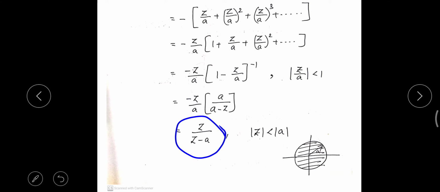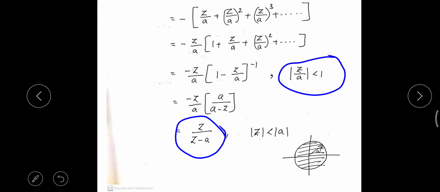Now we'll check what the ROC is for this non-causal signal. We know that Bernoulli is applicable only for mod x less than 1. Here x represents z by a, so mod of z by a less than 1, which gives mod z less than mod a. Where a is nothing but a numerical number, that is the radius.